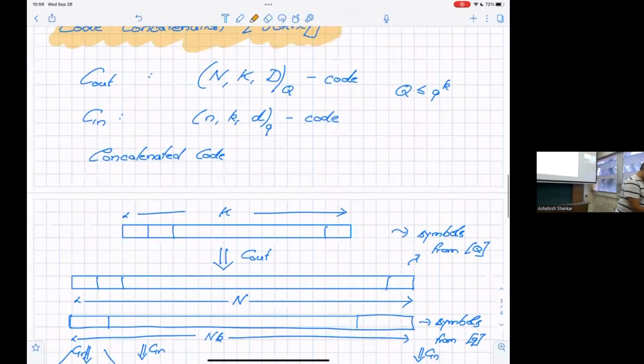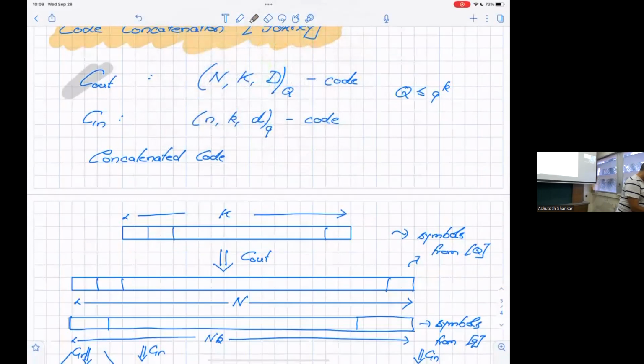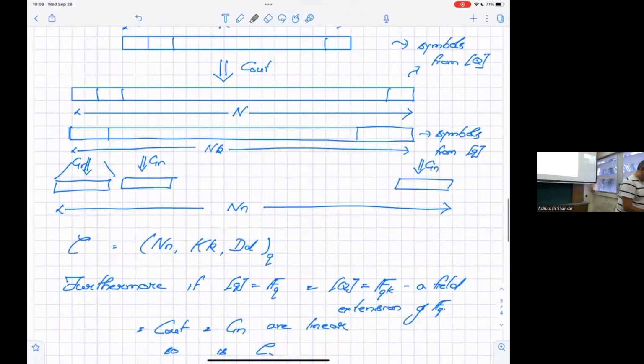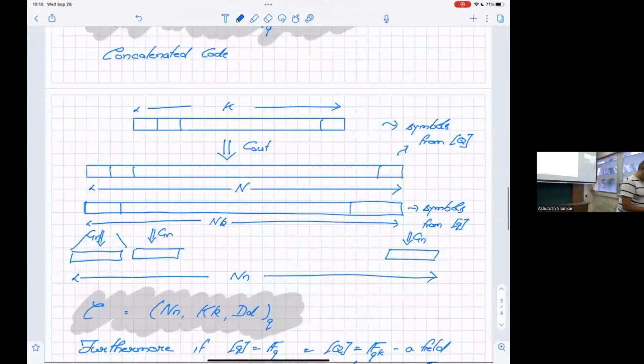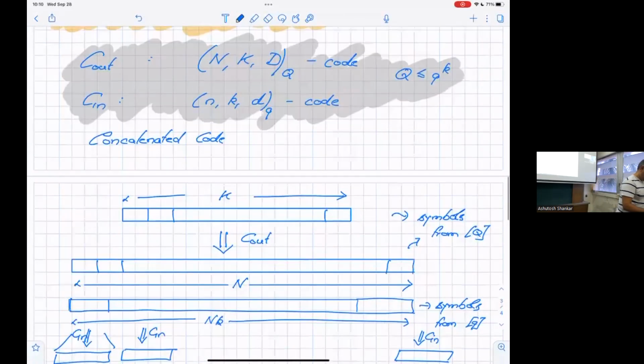It's an extremely simple operation, but it's a very powerful operation. That clear?